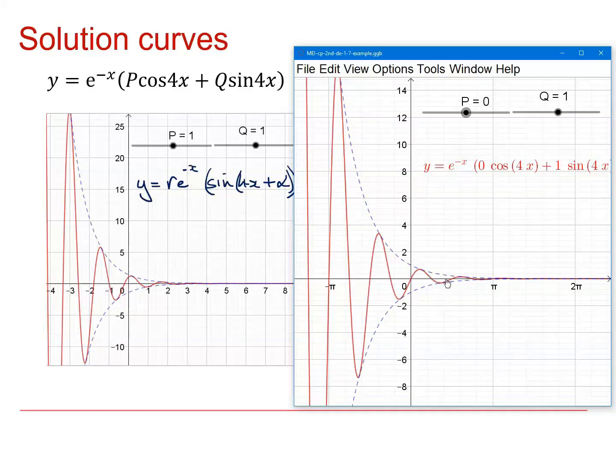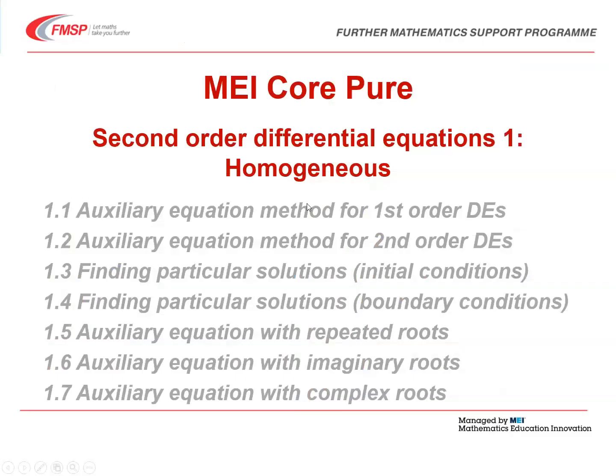And it's staying within the confines of this blue curve, and you can see up here, because e to the minus x tends to 0, the oscillation between that curve actually gets smaller and smaller, and this is an example of a damped oscillation. That was the final video in this sequence, second order differential equations 1.